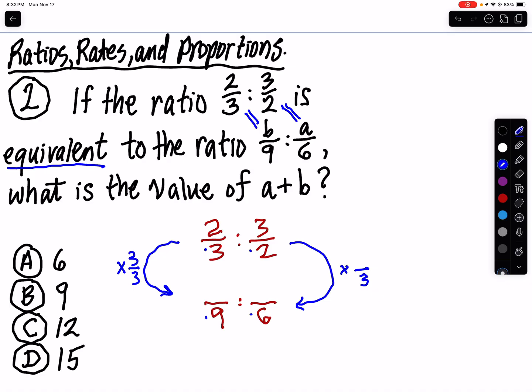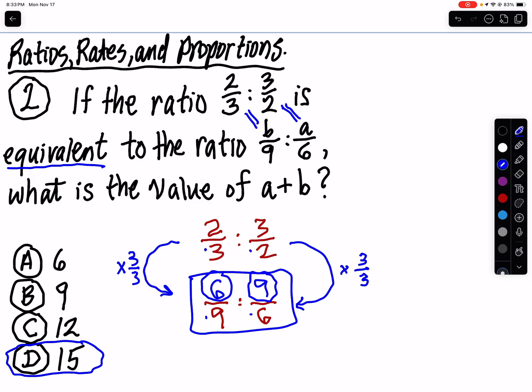So if I make this a 3/3, let's just see what happens. Let's see if we get one of the answer choices. So this would be 6/9, and this would be 9/6. And if this is our answer, then a plus b, which is the number here and the number here added together, is 15.